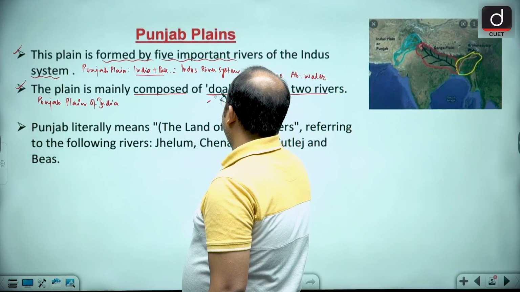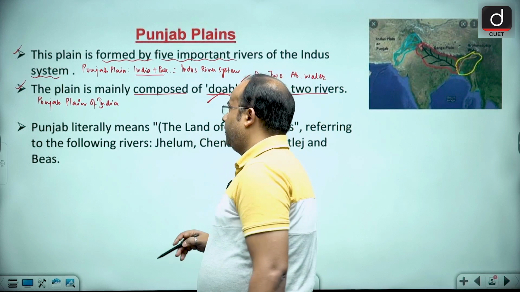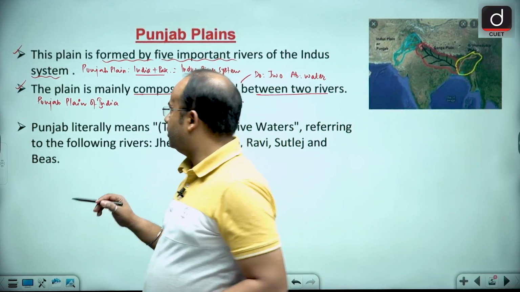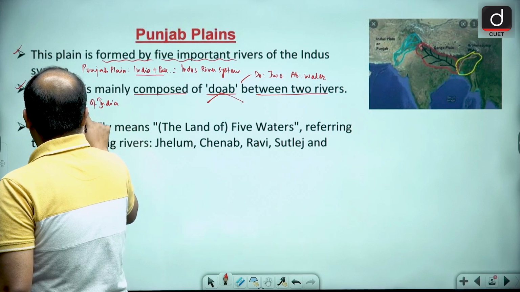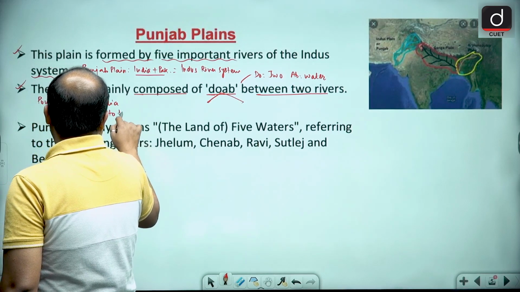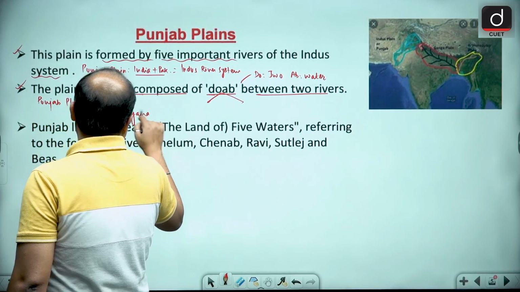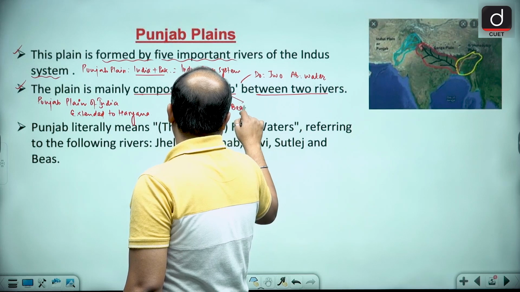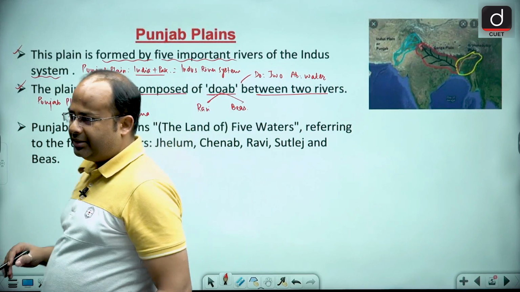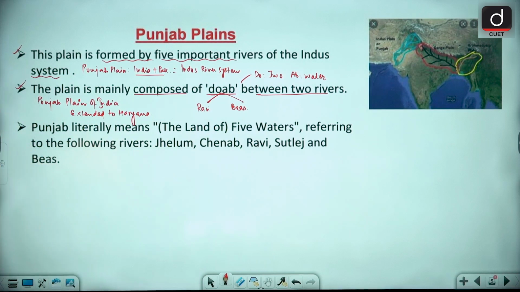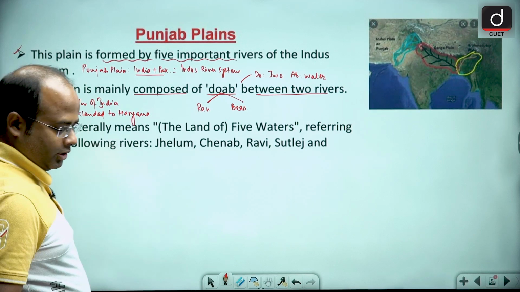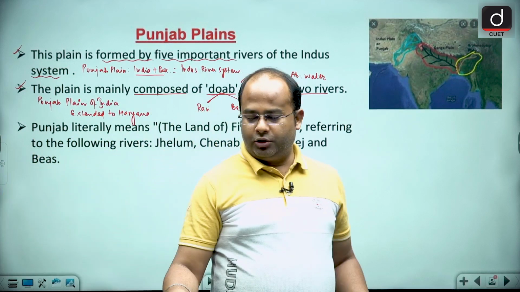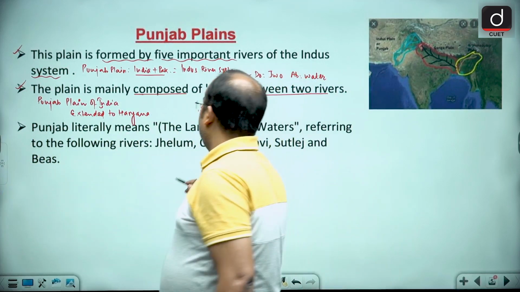So that is the Doab region, the region of the Punjab plain of India that extends to Haryana, up to the rivers Ravi and Byas. Now guys, this is formed due to the alluvial deposition of the rivers Ravi and Byas.